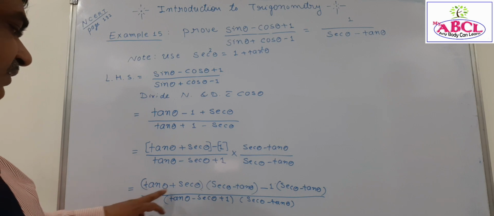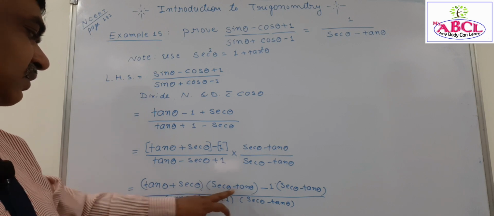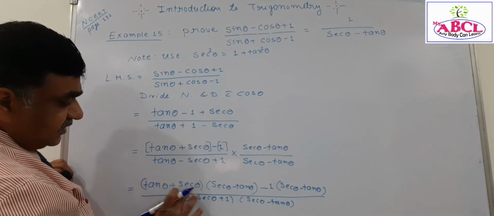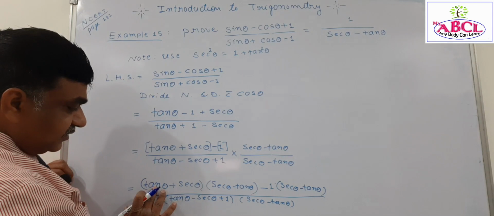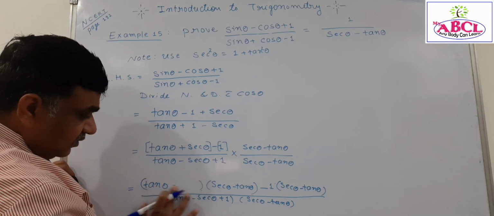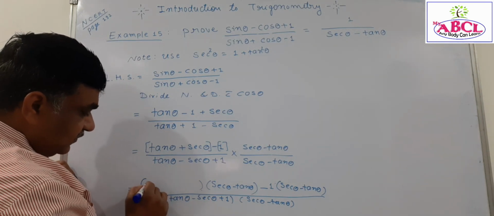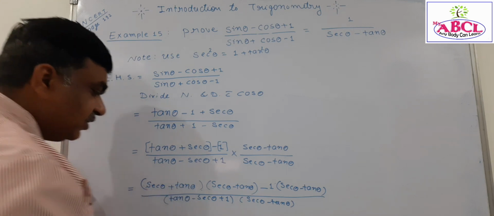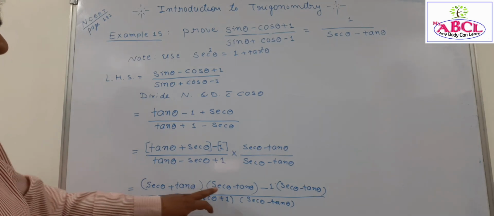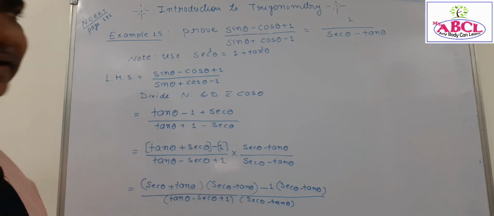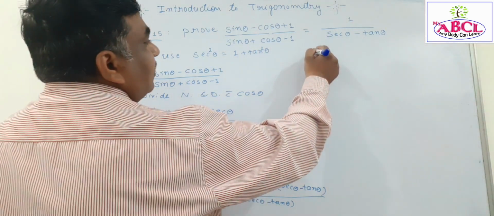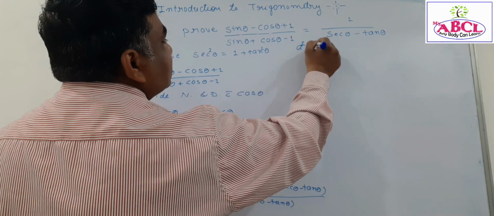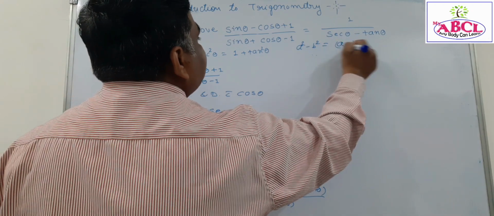Now you can see here tan theta plus sec theta and sec theta minus tan theta. Can I write this tan theta plus sec theta in reverse order, like sec theta plus tan theta? Yes, we can. So now you can see sec theta plus tan theta, sec theta minus tan theta. I can use one identity, that is a square minus b square is equal to what? A minus b and a plus b.